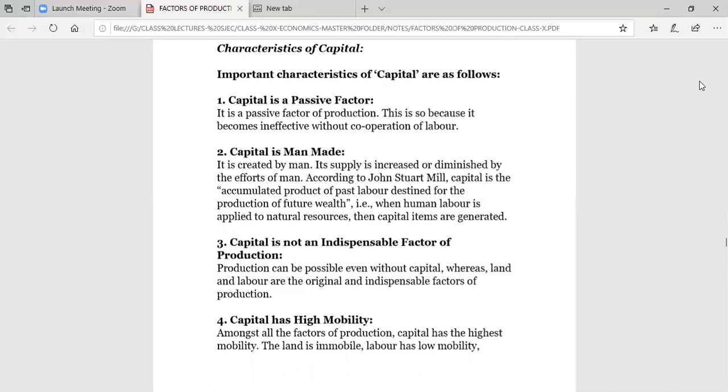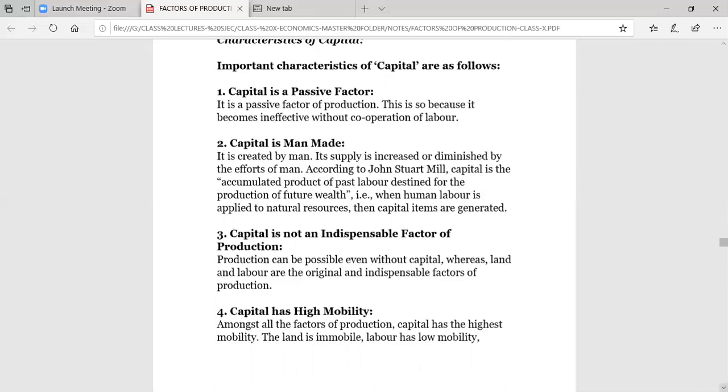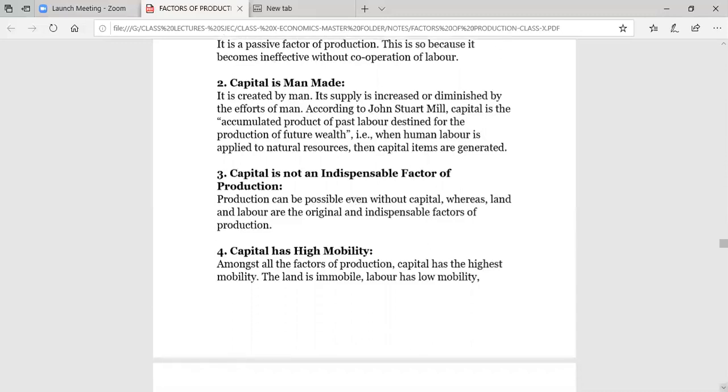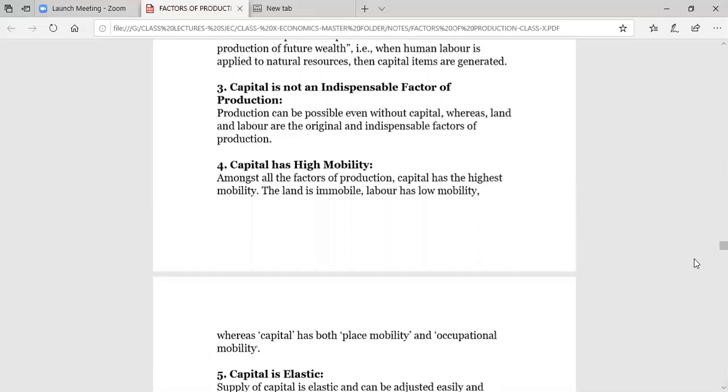Capital is not an indispensable factor. Why is it like that? It is said production can be possible even without capital, whereas land and labor are the original and indispensable factors of production. Without land, without labor, you cannot do any production. But without capital, you may do some production. Suppose you have a piece of land and you have 20 workers along with you.